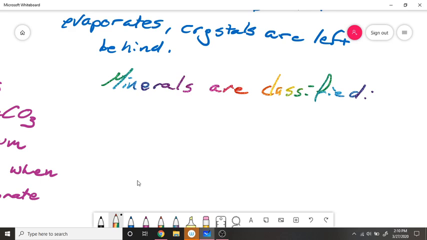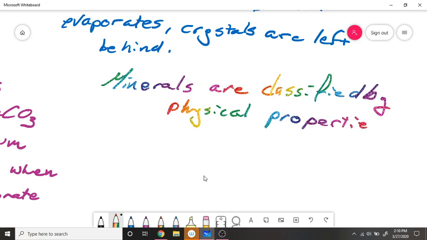So basically, they're classified by their physical properties. What kind of properties would they be?